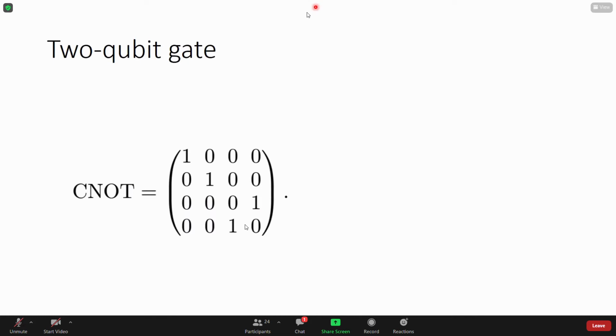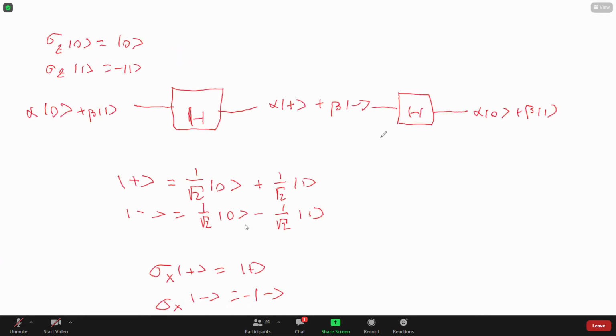Let me go over to my whiteboard here. So the CNOT gate here stands for controlled not. And not here means just a bit flip. So it's actually, in quantum language, also the controlled X gate. These are all the same.